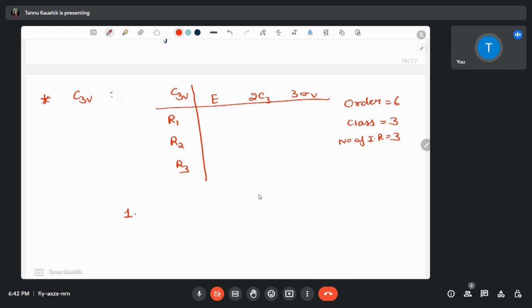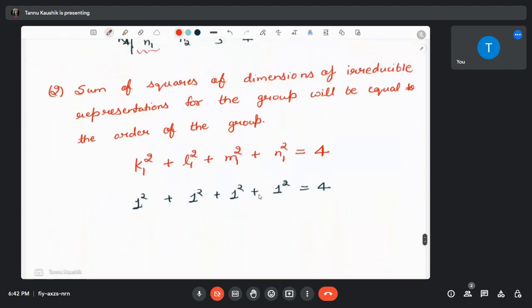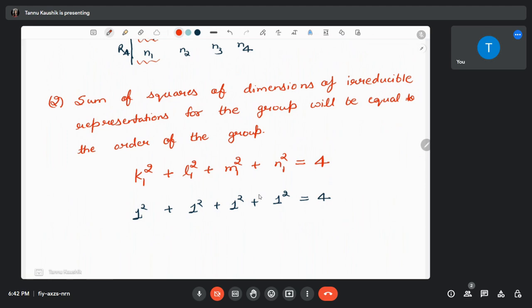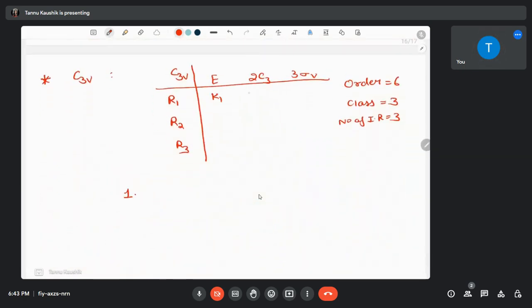So if we apply the first postulate, that the sum of squares of dimensions of each of the irreducible representations is equal to the order of the group, and put these values as K1, K2, K3, L1, L2, L3, N1, N2, N3, then K1 square plus L1 square plus N1 square must be equal to 6.